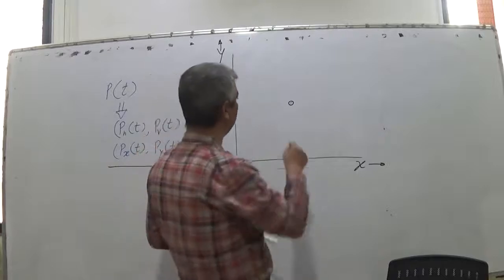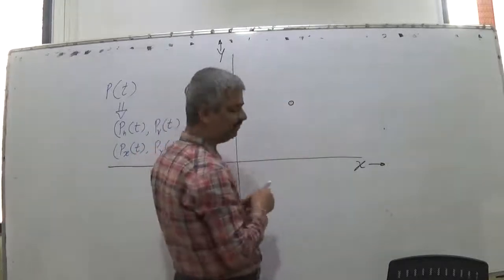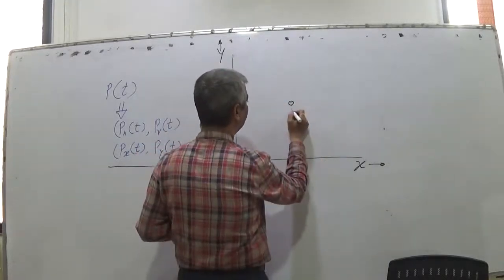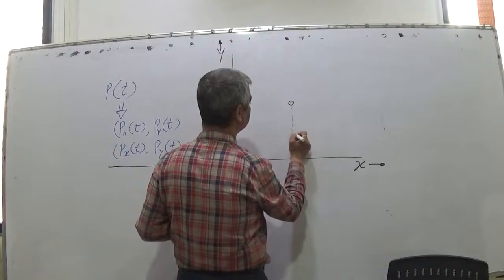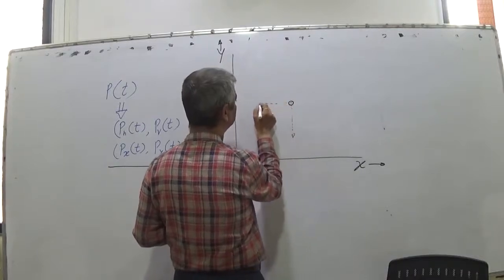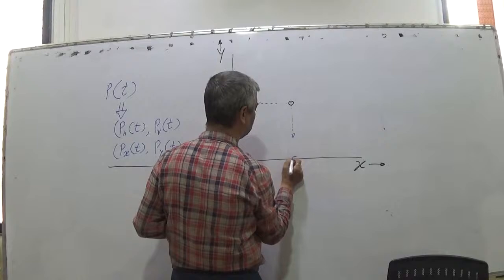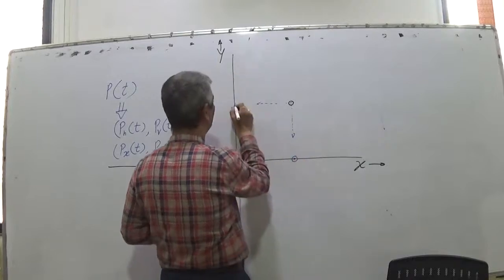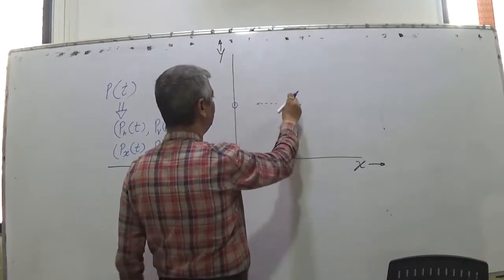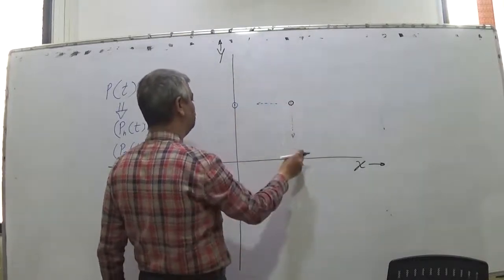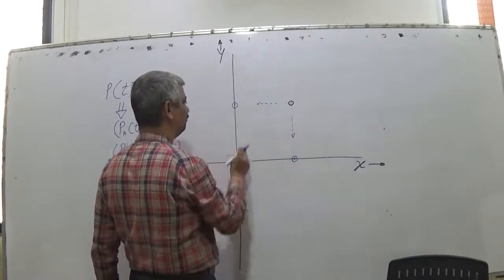Now suppose the point moves, you can draw perpendiculars to both axes. The perpendicular will have its projection on the x-axis and on the y-axis, and now if you move this point, its projection points will also move.